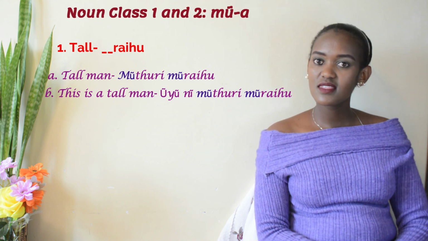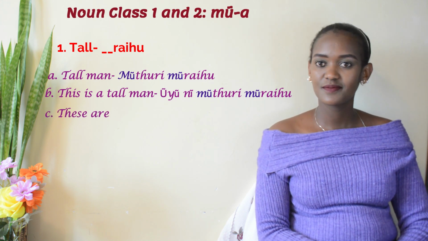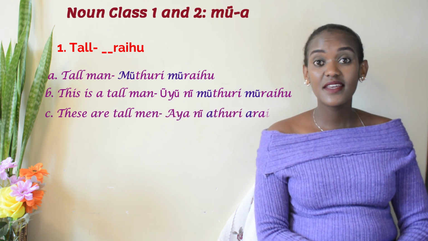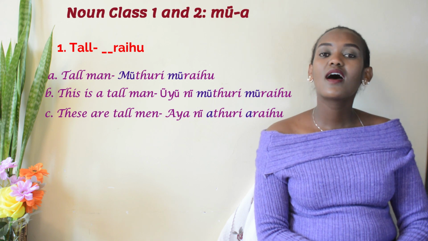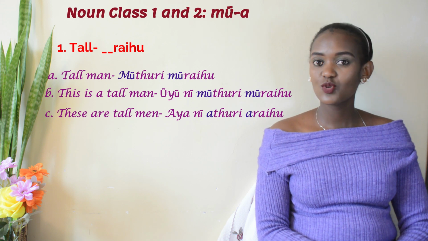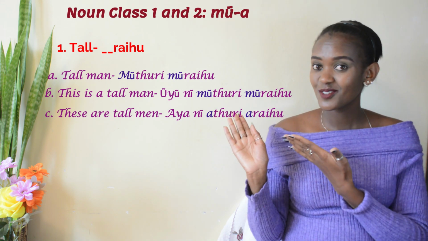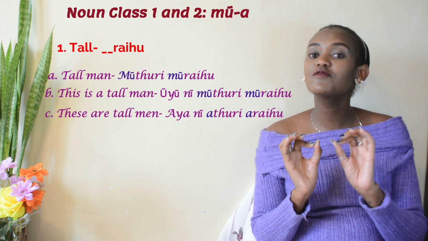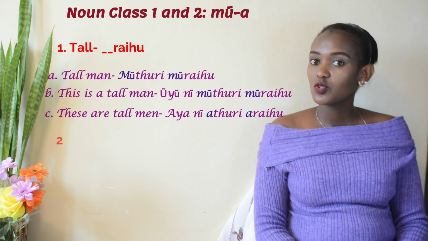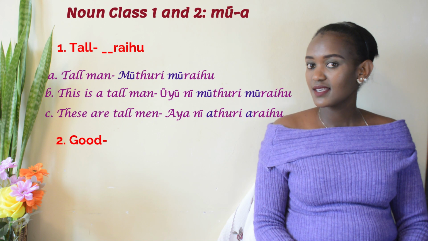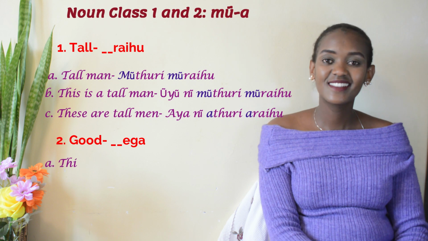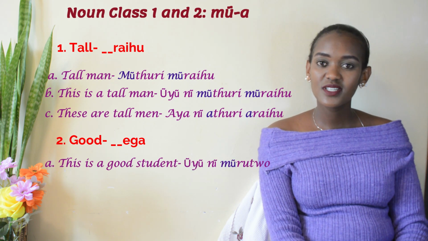What if we wanted to say these are tall men? Aya ne aduri araihu. Again, we are adding a to our adjective because of the noun. All right, I'm gonna give you another adjective, and that is good. Good is ega. So we are going to say this is a good student.